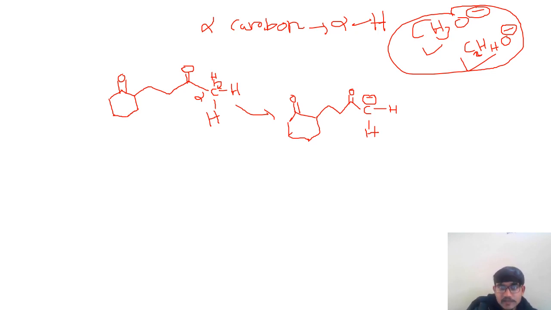This is an unstable compound, so here the carbonyl group's double bond between the carbon and oxygen, the electrons of this double bond are going to transfer onto the oxygen because of its electronegativity, and at the same time this will create a partial positive charge on this carbon. So this nucleophile CH2 minus will attack this carbonyl carbon and form a compound like this.